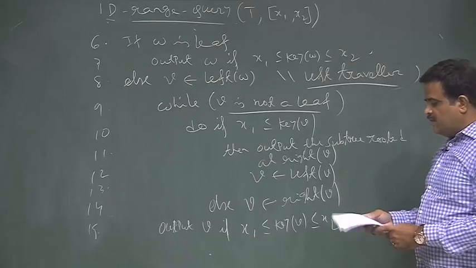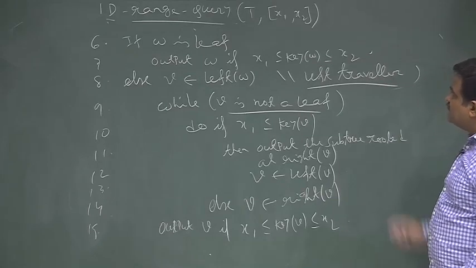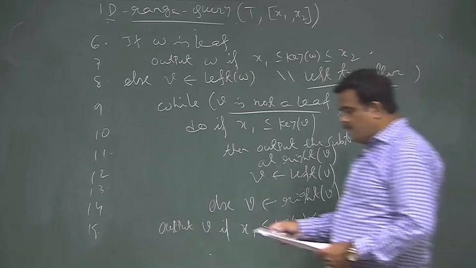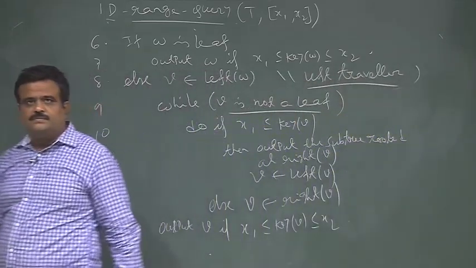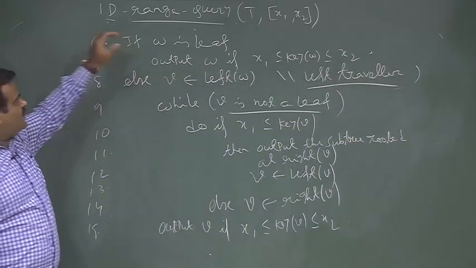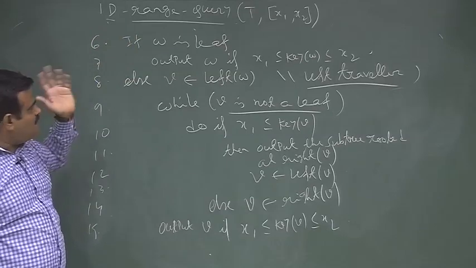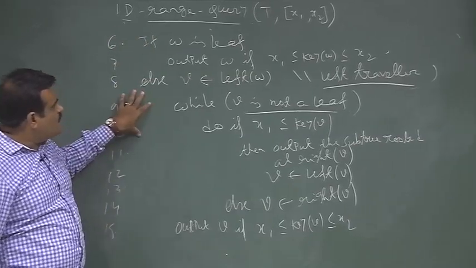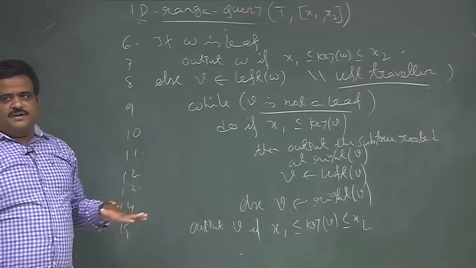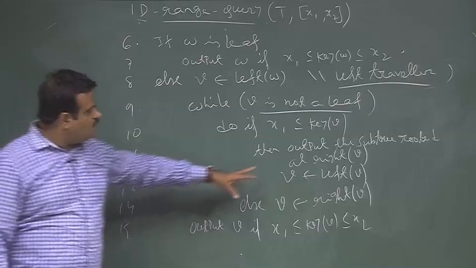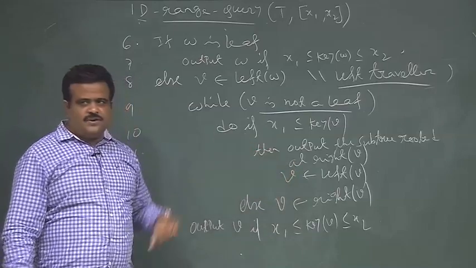Okay. So, now we have to analyze this. What is the time complexity of this? Our tree is balanced. So, there are n nodes and it is basically log n height. What we are doing is traversing the tree, and we are outputting the subtree.